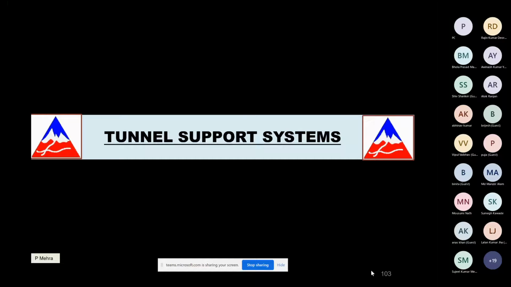Now in this part we'll cover the very basics of tunnel support systems, so that we understand how the supports that we give to retain the loss of internal pressure due to excavation work, and what kind of supports can be used in what conditions. So I'll go ahead with the tunnel support systems.